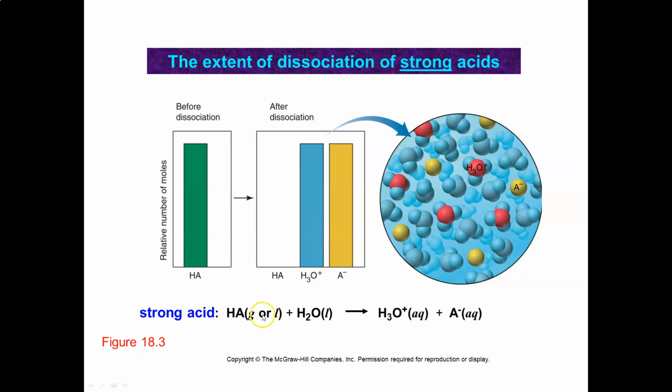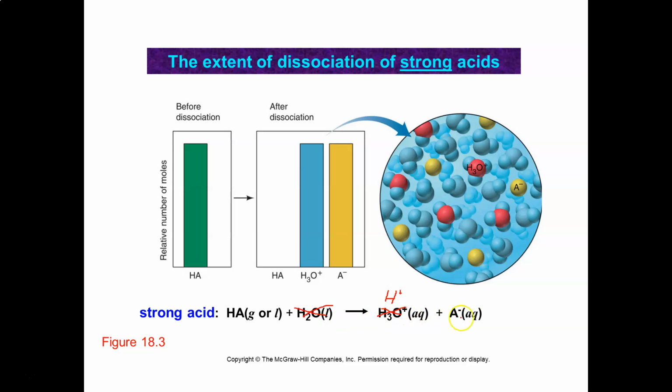HA, your acid, plus water, liquid, yields H3O plus, your hydronium ion, plus your conjugate base A minus. This is one way to write this. You'll see it written like this, or you'll see it written an alternate way where you may not see the H2O, and you'll just have HA yields H plus plus A minus.